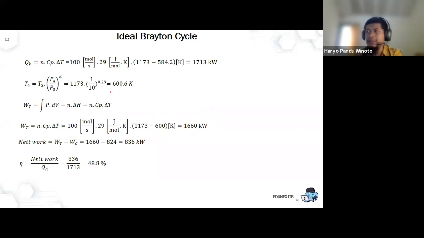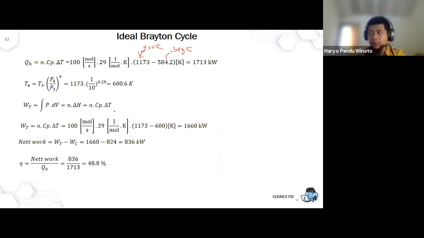Then what is the QH? Same, n Cp delta T. Here is 900 centigrade, and here is about 309 degrees centigrade.